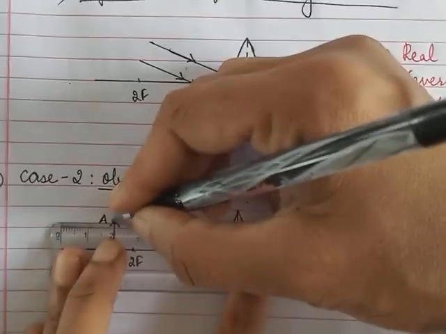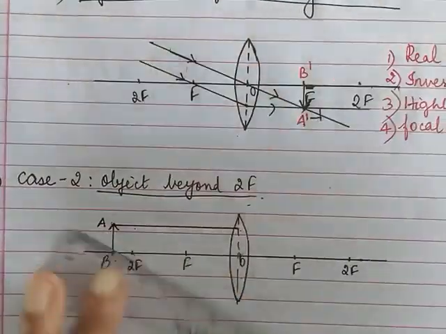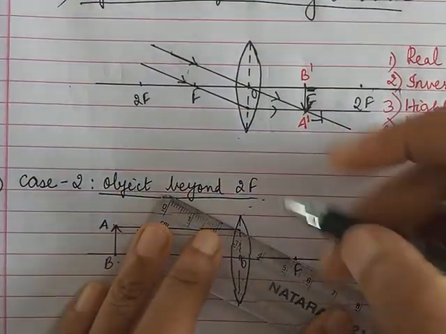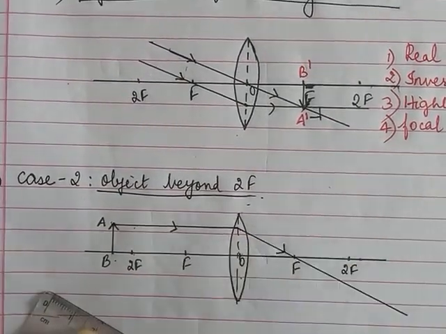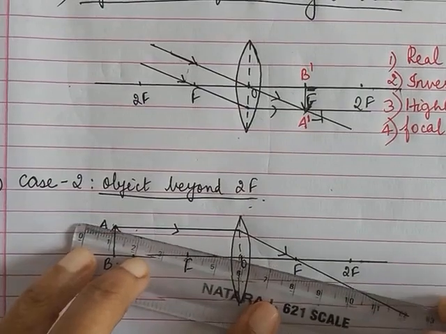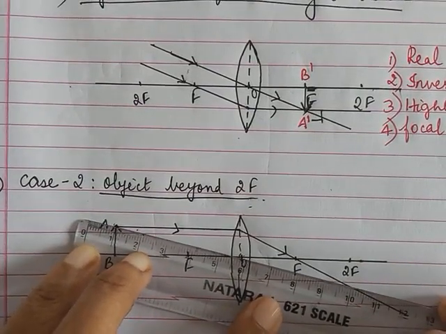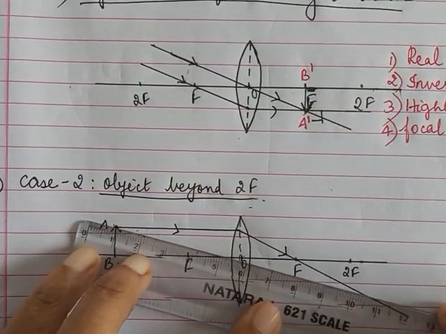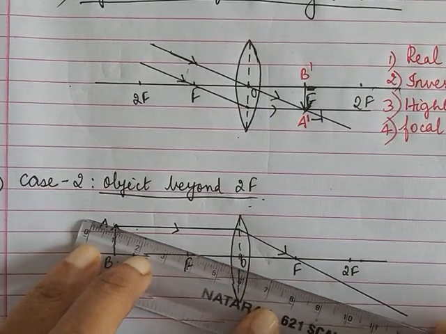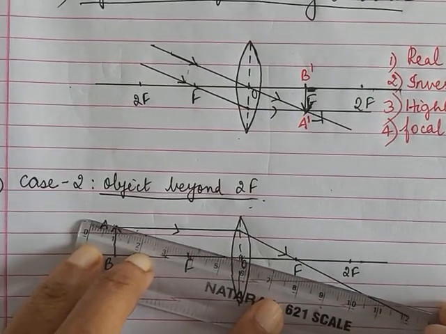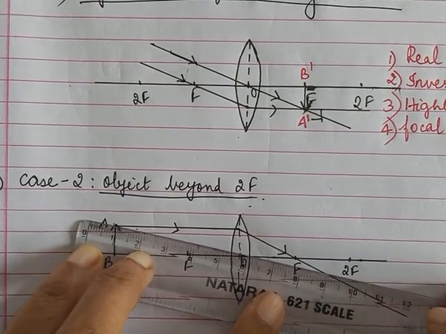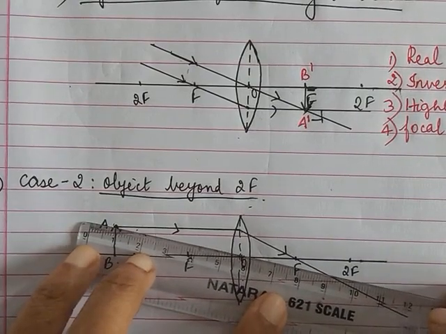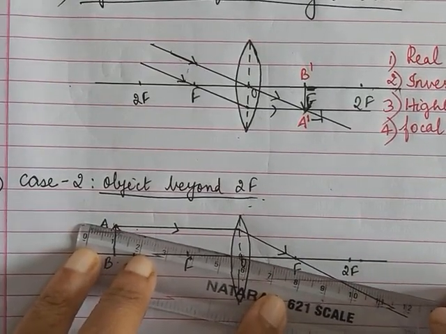So from this point, draw the first ray parallel to the principal axis. After refraction, it passes through the principal focus. Immediately put the arrow marks. Second ray passing through the principal focus, or you can use this or this also, you can use either the second rule or the third rule.